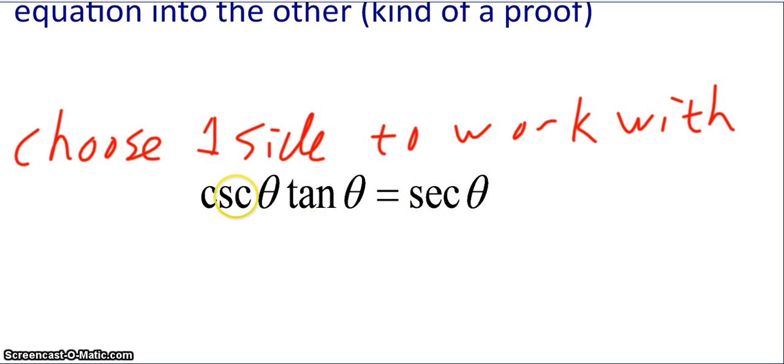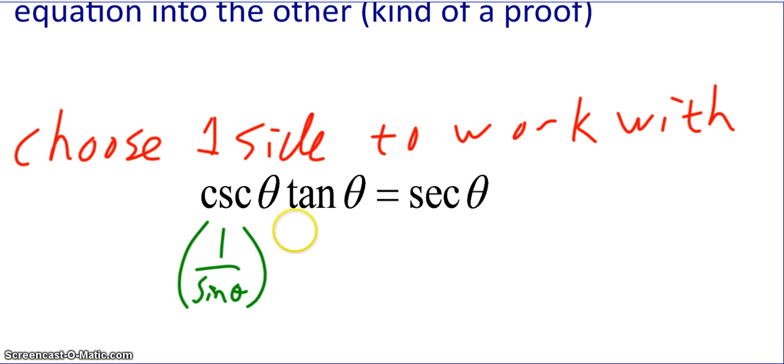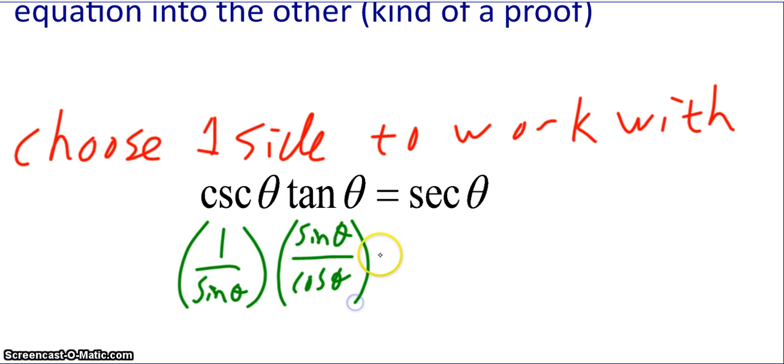So I'm trying to convert the left side into secant. They do both relate to sines and cosines, or at least sine. So that's what I'm going to do first. I'm going to change cosecant of theta into 1 over sine theta, and I'm going to change tangent of theta into sine of theta over cosine of theta.